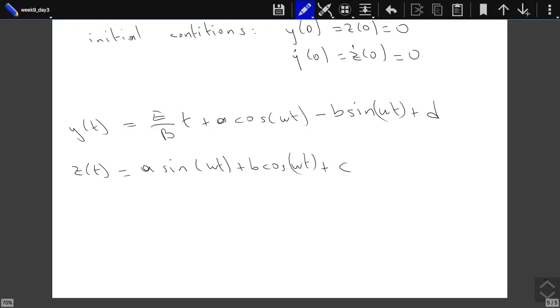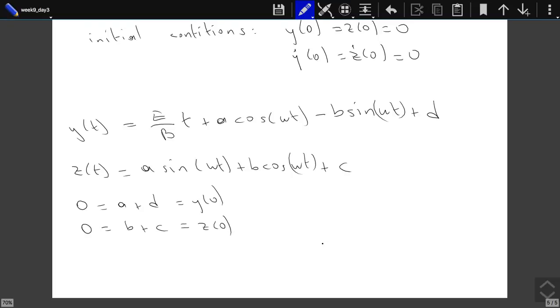What should be the boundary conditions? Well, let's see. At t equal to 0, 0 is equal to A plus D. This is y of 0. Z of 0, this is B plus C. Okay, these are the two conditions we have.